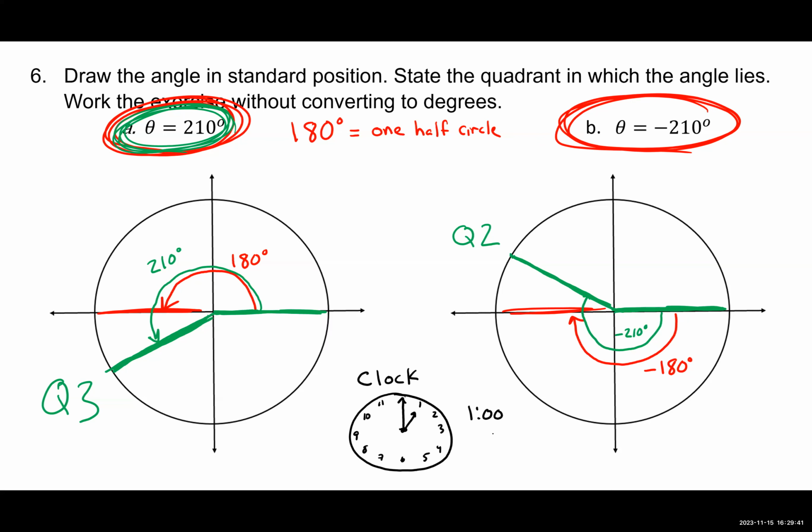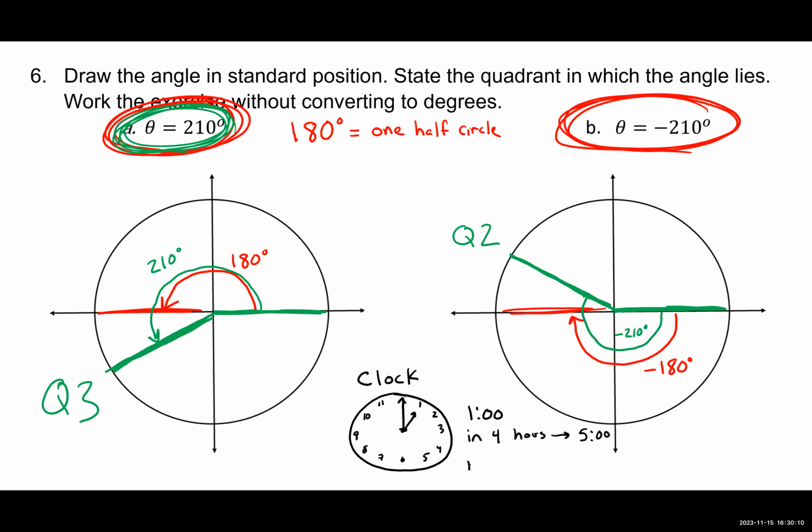There's no AM or PM, it's just 1. 4 hours after 1 o'clock, it is going to say 5 o'clock.